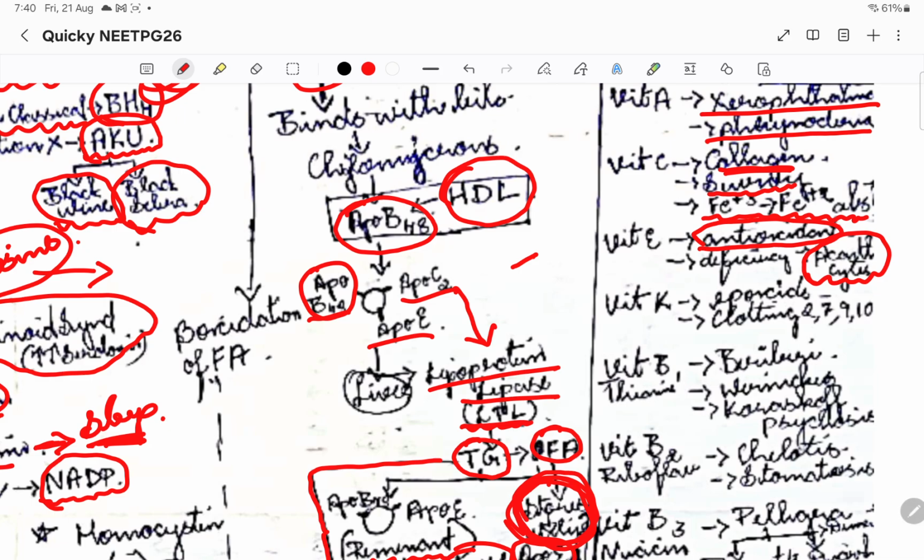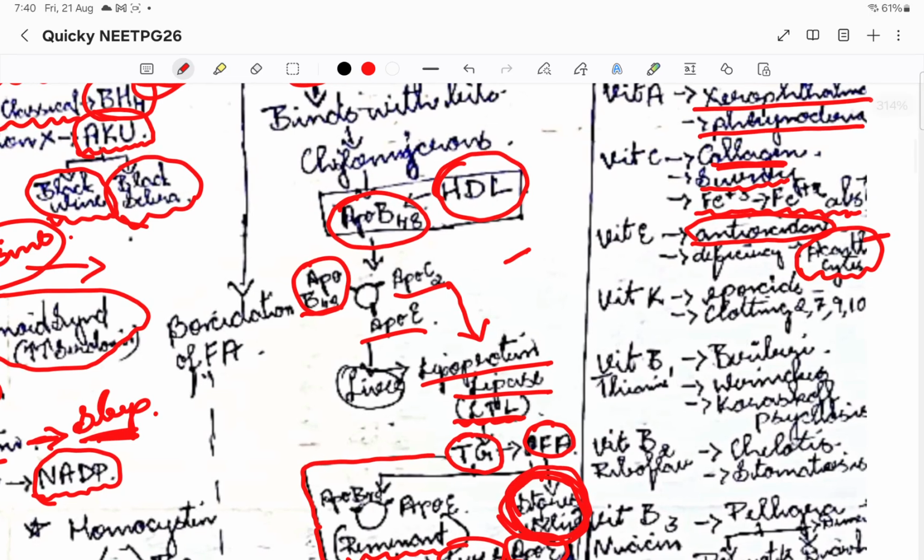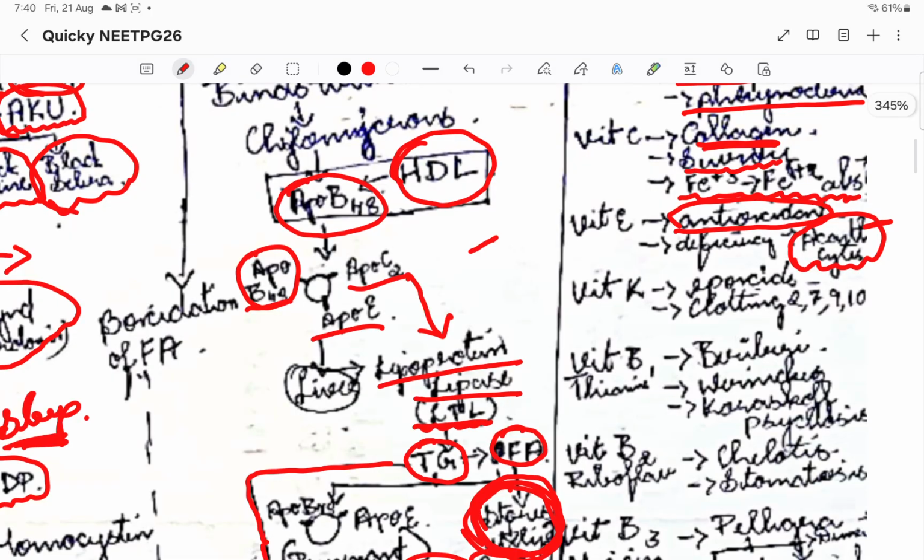That is where acanthocyte formation will happen. So vitamin E is very important to maintain the antioxidant level in our body. Oxidants or radical molecules will destroy our cells, right? So to keep it stable, vitamin E is very important.